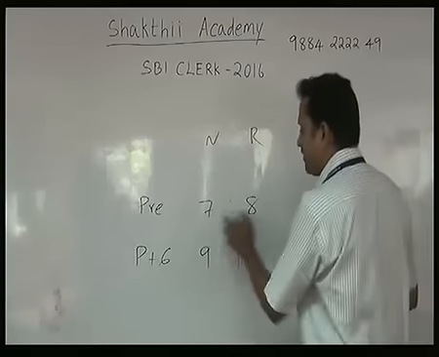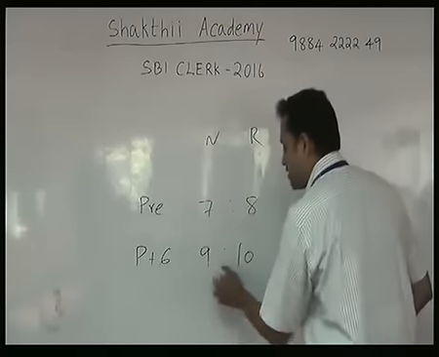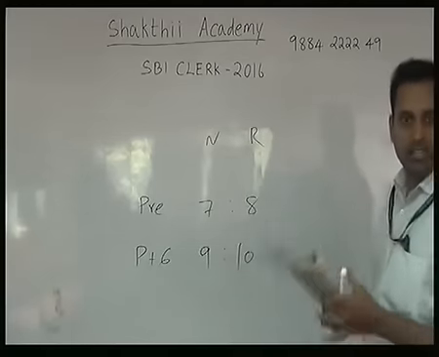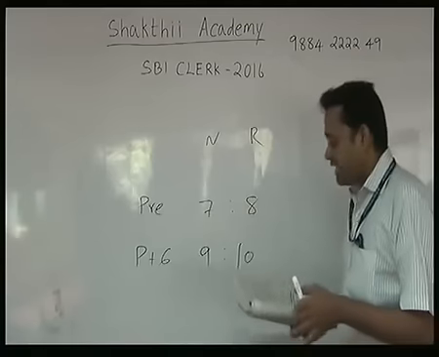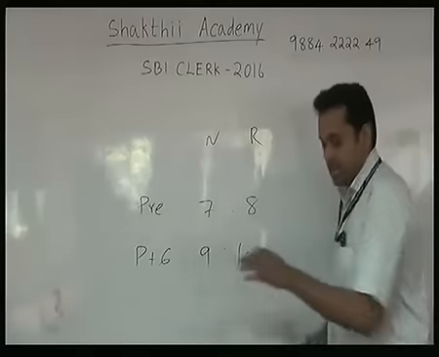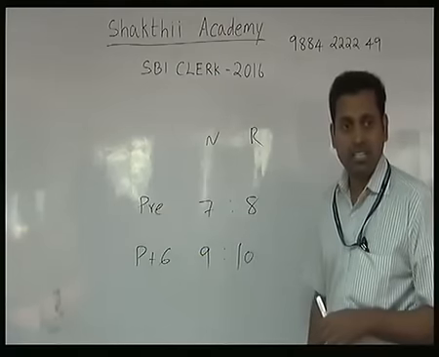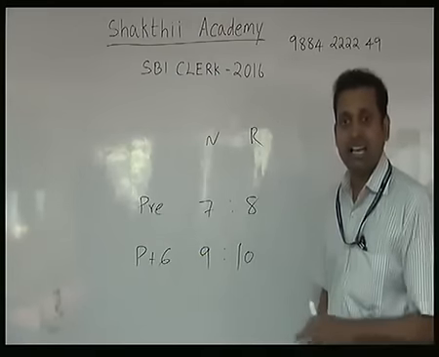So the present age ratio is 7:8, and after 6 years the age ratio is 9:10. Is it clear? You know very well this is the ratio given, and now what is the question? Reshma's age they are asking.